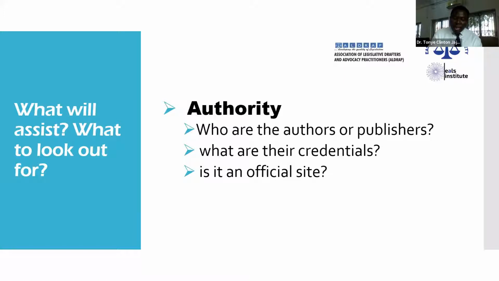When you go to a website, you need to ask yourself, is it a government website? 90% of the times, if you're visiting a government website, you are sure that the publication on that website is not a fake publication. So when you start any online research, the first thing you do is ask yourself, who is the author of this website? If it is a government website, good.